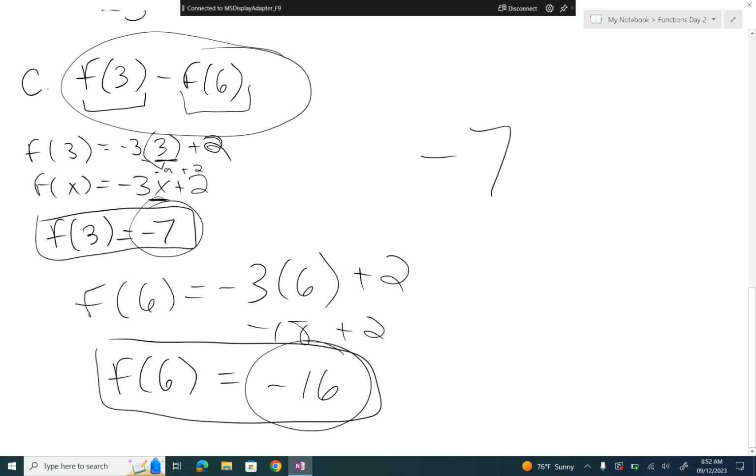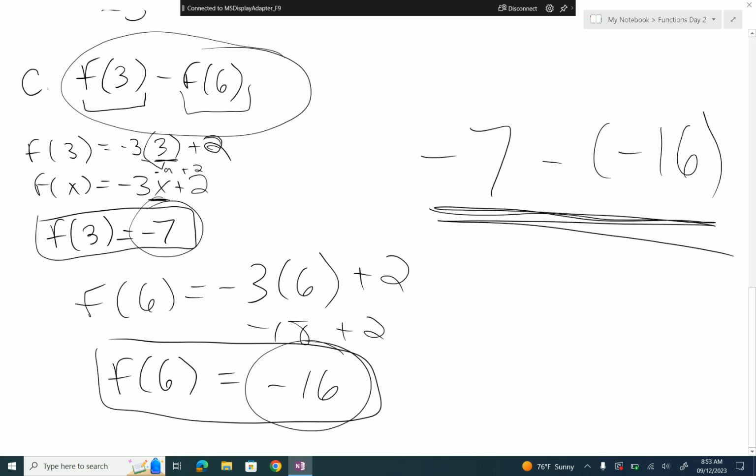And what was my value for f of 6? Negative 16. So what I want to do is, where I've got f of 3, I'm putting negative 7, because I found that to be the answer. Where I see f of 6, I'm putting negative 16, because that was my answer. So now I've got negative 7 minus negative 16.